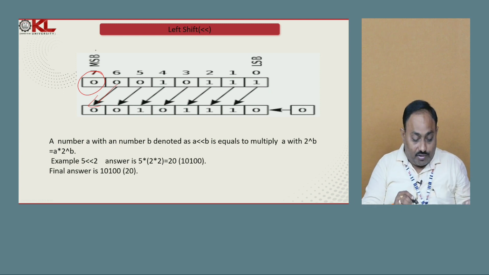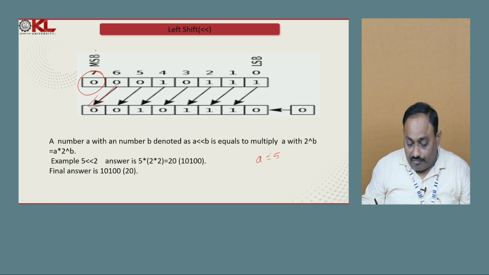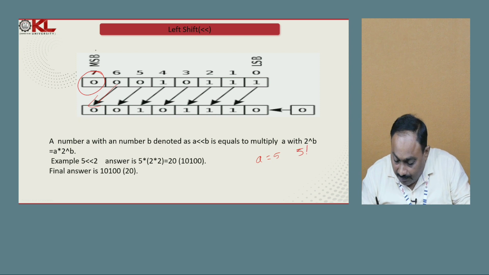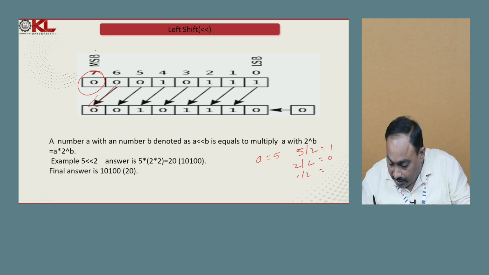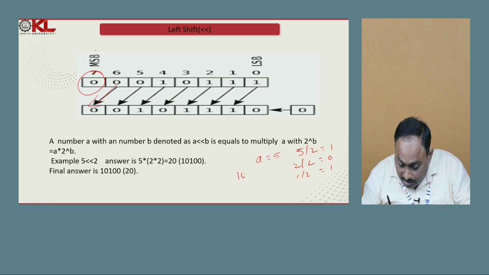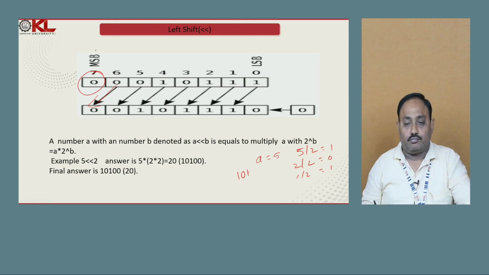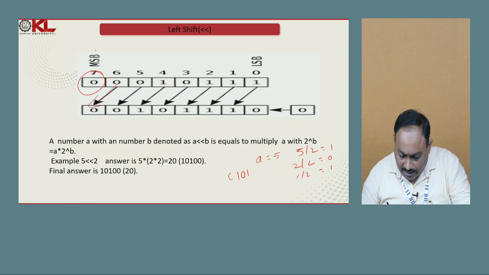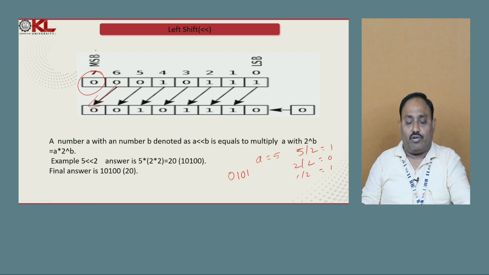So for example, if you take a equal to 5, you know the 5 value. What is the value of 5 in binary? We know that 5 by 2 gives 1, 2 by 2 gives 0, 1 by 2 gives 1, that is 101. Now for your convenience, you may add one more 0 here, that is the 4th bit.